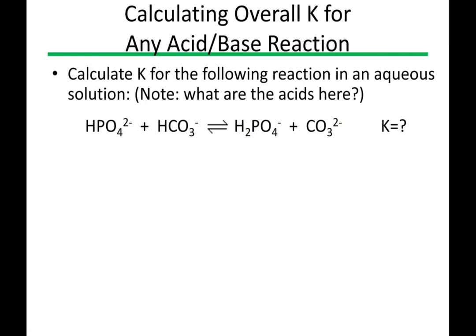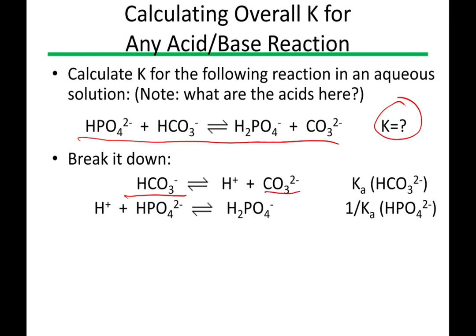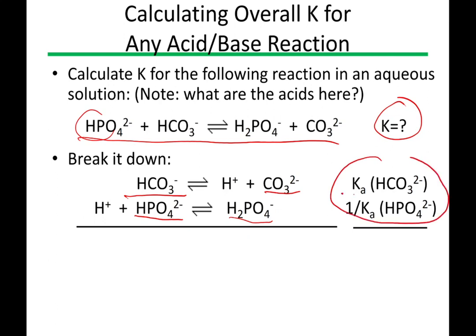Okay, we can also look at what we do if we have a mixture of acids and how we'd calculate the K for the reaction. So in this case, here we have an equilibrium of some ions and we want to know the K value. If we break this down, you can see we have two reactions here. This HCO3- going to make the CO3 2-, and we also have the HPO4 2- going to make H2PO4-, and we remember from equilibrium we can combine these, so we have the Ka, because this is the acid dissociation written forward for HCO3-, and then 1 over the Ka of H2PO4- because this is the acid reaction going backwards.